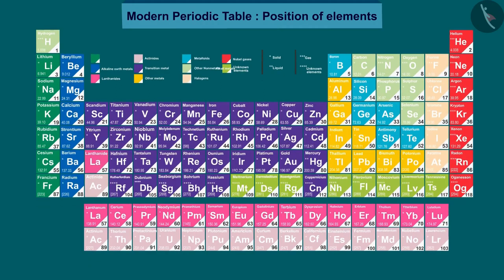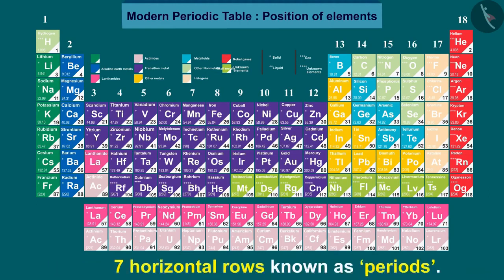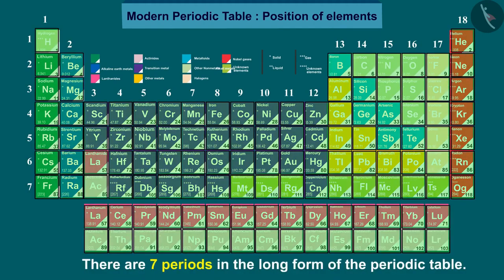Let us now discuss the position of different elements in the modern periodic table. The modern periodic table has 18 vertical columns known as groups and 7 horizontal rows known as periods. There are 7 periods in the long form of the periodic table.